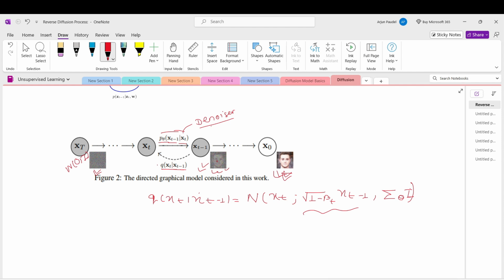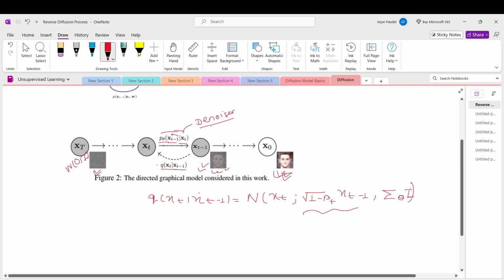So it takes a noisy image and makes it less noisy, then takes that image and makes it less noisy still. At each step it takes the more noisy image and gives a less noisy image.